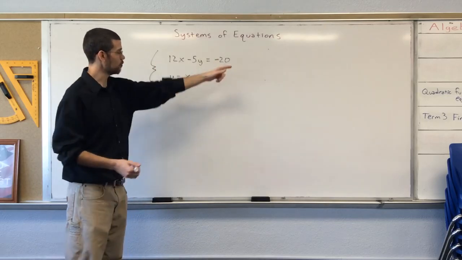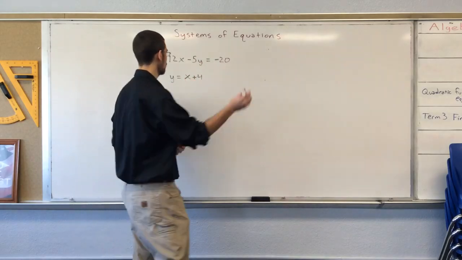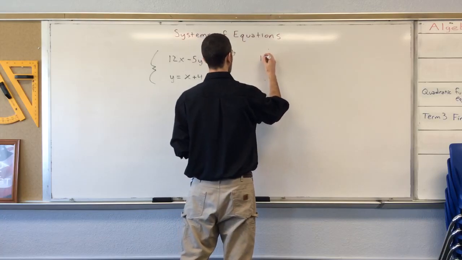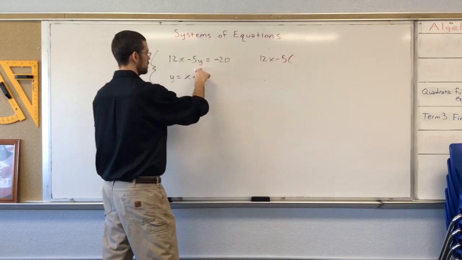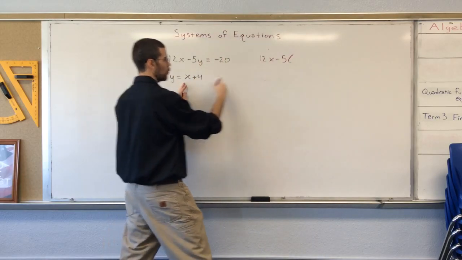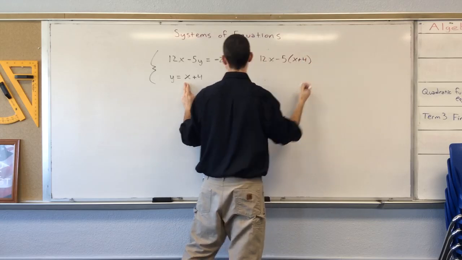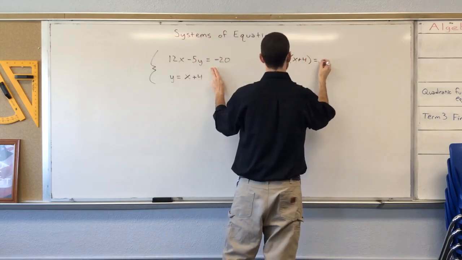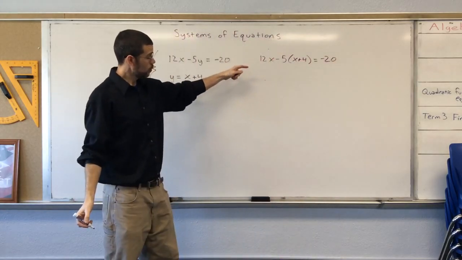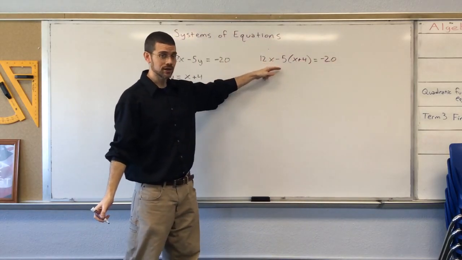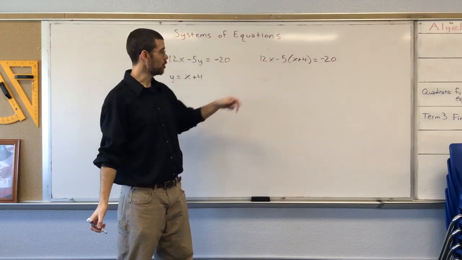Okay, so we'll rewrite our first equation with x plus 4 wherever we see a y, and that'll look like this. 12x minus 5 times, instead of y, x plus 4, equals negative 20. Now, we have a new equation with only one variable, x, so we can solve for x.